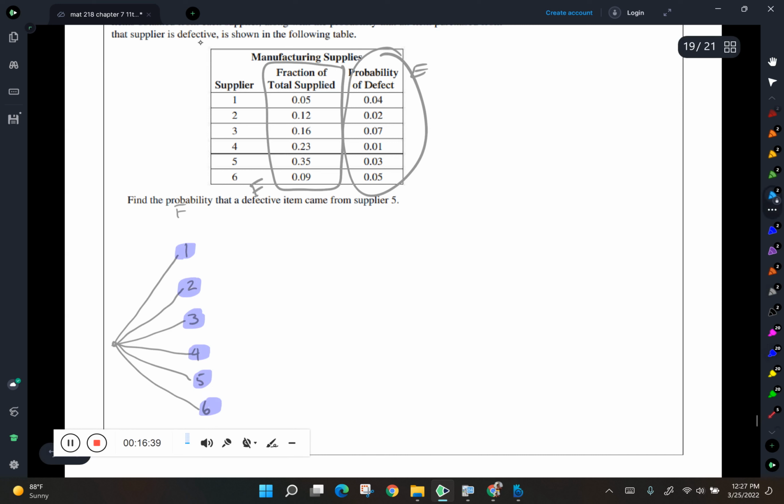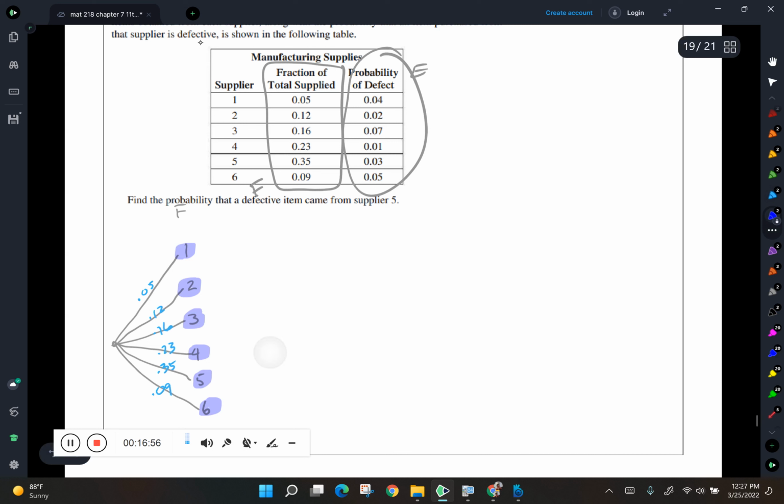And those have given probabilities: 0.05, 0.12, 0.16, 0.23, 0.35, and 0.09.